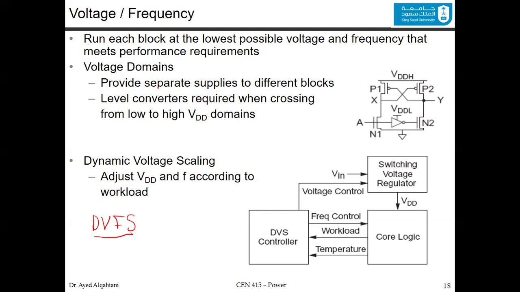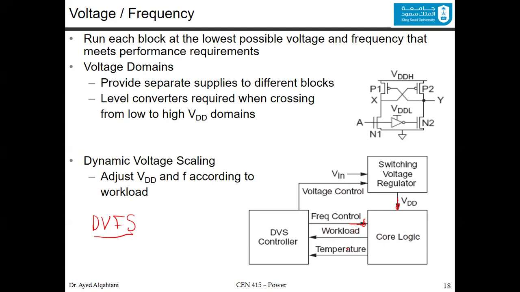In the voltage domain, you provide separate supplies for different clocks, and a level converter is required when crossing from low to high VDD domains. The idea here is you have the logic, and usually you need a certain frequency and a certain voltage for this logic to work. Now, if this logic was working and started to consume more power, you can have some feedback from the core logic, like the workload. If it's too much workload, we need to do something about it.